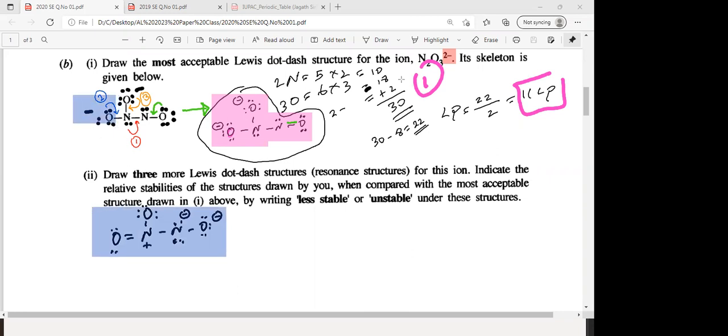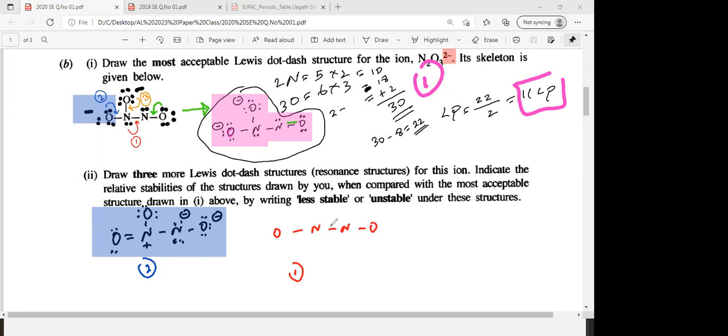Then next one, the red one I'll write separately. I'll draw that in the middle. This is for the second one. Then first one, oxygen, nitrogen, nitrogen, oxygen.